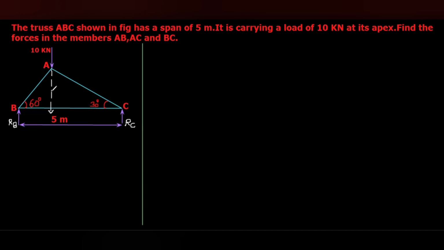Okay. That means we can consider it is acting at point A, even it is acting at point D also. Okay, this point, if you consider as D. Okay, so this distance AD, BD, that we have to calculate, and the vertical distance AD, that also we have to calculate.